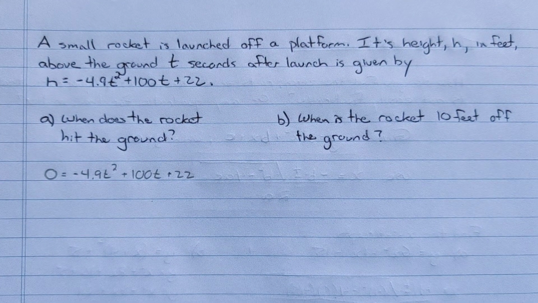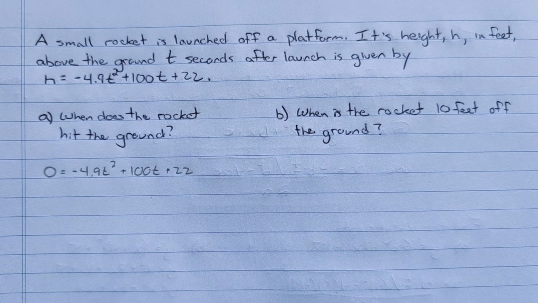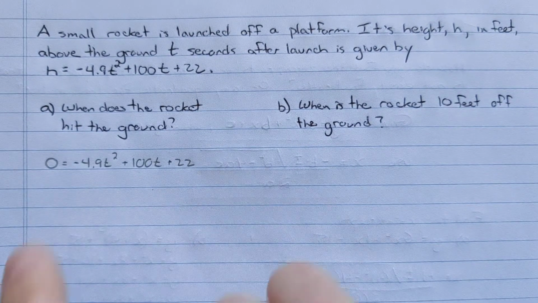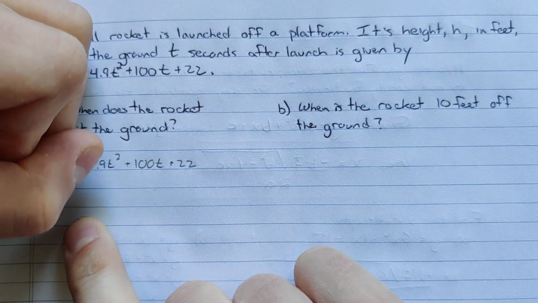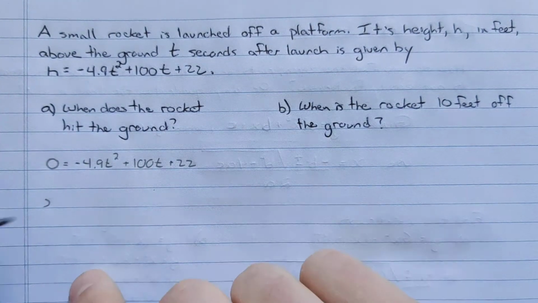This is not going to be easily factorable. I can already tell because I got a decimal in there, and decimals are hard to work with in these situations. So we're going to use the quadratic formula. In this case, instead of x, I will use a t.